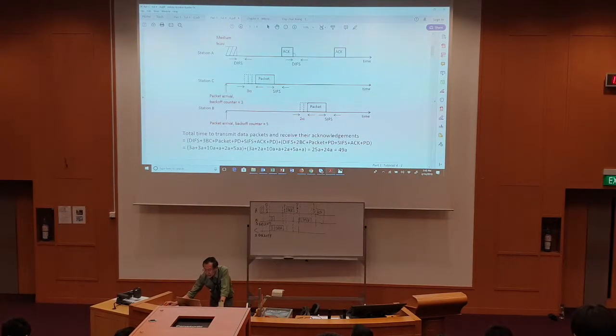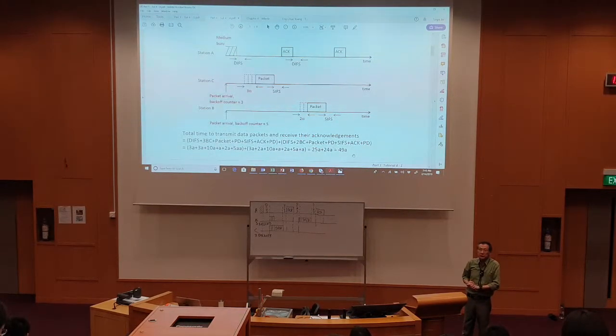And then the next one is this guy from here, DIFS, then 2 more backoff, packet delay. This guy. Then SIFS here, acknowledgement here, packet delay. So add everything up, 49 alpha, or 49A. Okay? Got it? Any questions?